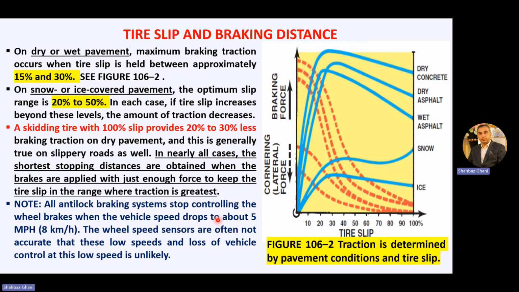At 5 miles per hour or less, the wheel sensors do not give accurate information, so the ABS does not perform fully efficiently.